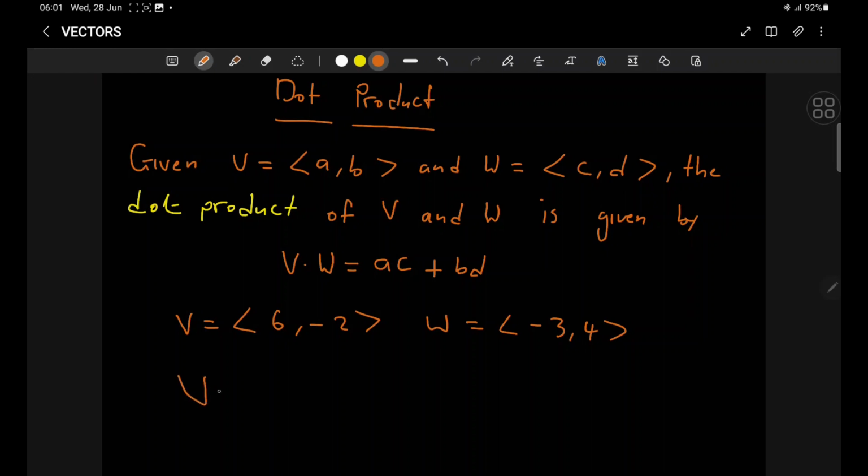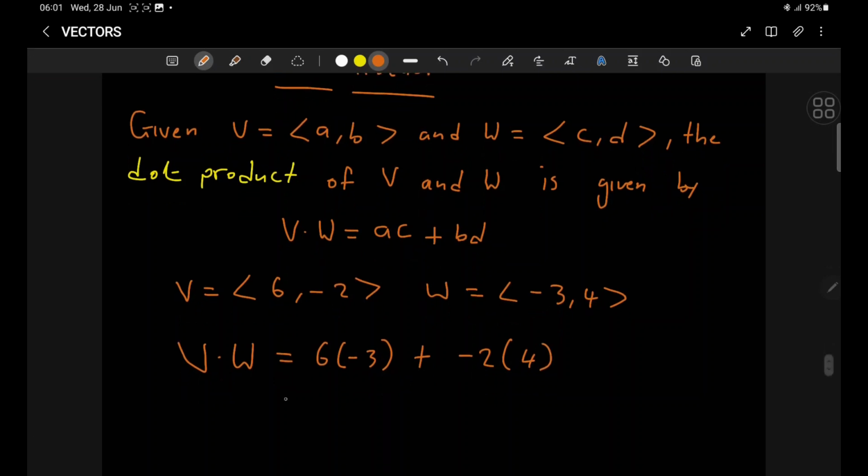Then the dot product of v and w will be 6 multiplying with -3, plus -2 multiplying with 4. Then we can simplify. This is -18 minus 8, and this is equal to -26. Then this is our dot product.